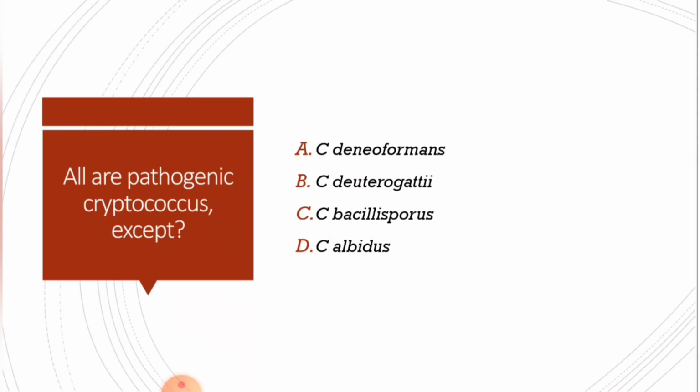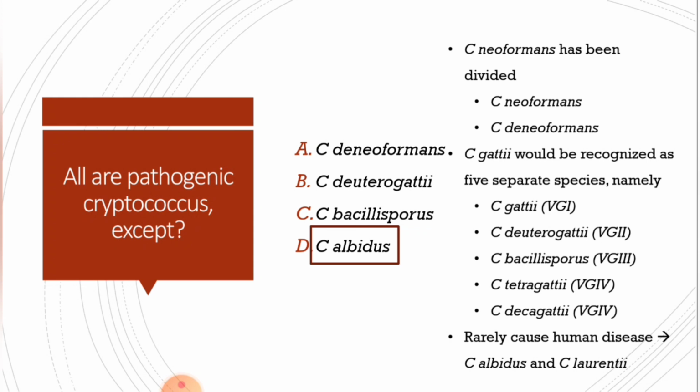Next, all of them are pathogenic Cryptococcus except which of these? Cryptococcus D neoformans, Cryptococcus deuterogatti, Cryptococcus bacillisporus, and Cryptococcus albidus. Here the answer is Cryptococcus albidus. Why? You would not have heard of these names before, because currently the nomenclature of Cryptococcus neoformans and gatti has changed.